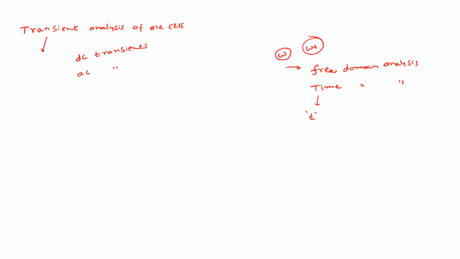With respect to 1 second, 2 seconds, 3 seconds, how the circuit is behaving, that we will study. Whereas in frequency domain, we looked at what frequency the circuit is operating at, and if the frequency is this much, what is the response of the circuit. That's what we discussed so far.